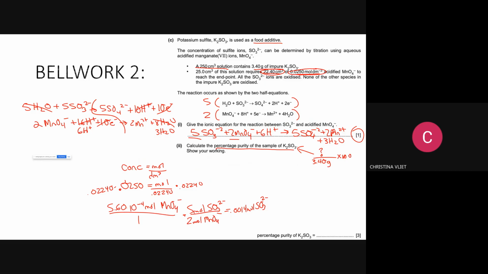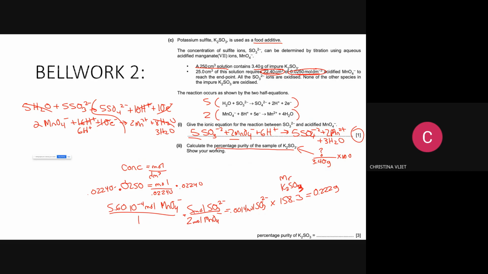So you can literally just take this amount of moles and multiply by the molar mass of K2SO3, which is 158.3, right? And so that gives us, I believe, 0.2222 grams.